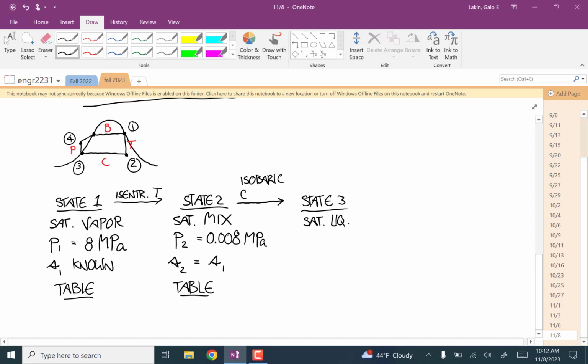Since this is a constant pressure process, we know that P3 is equal to P2. Since it's saturated and it's all liquid and we have the pressure, we can look up anything we want in the table.